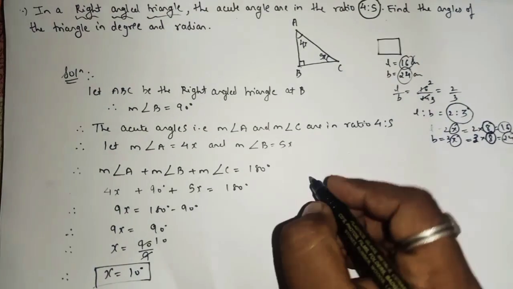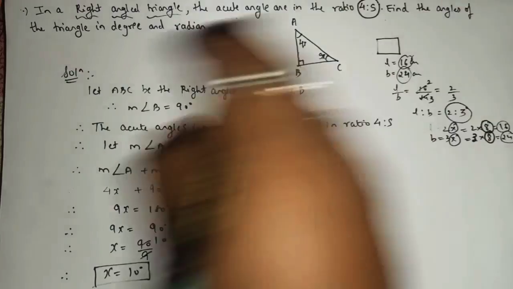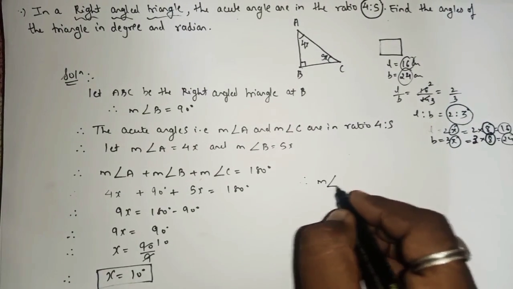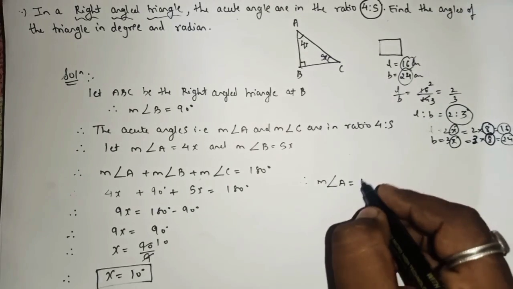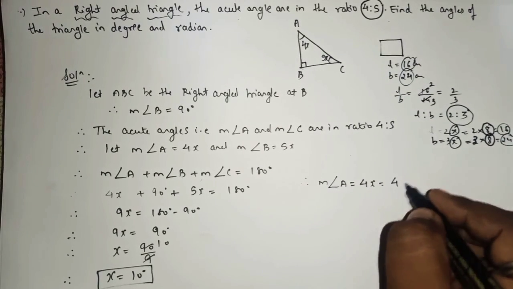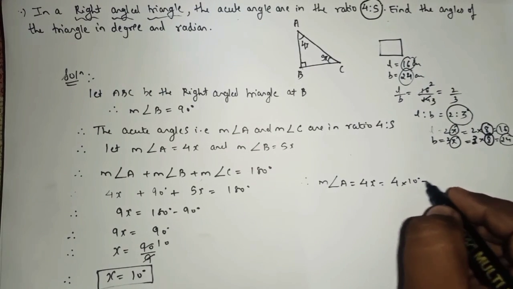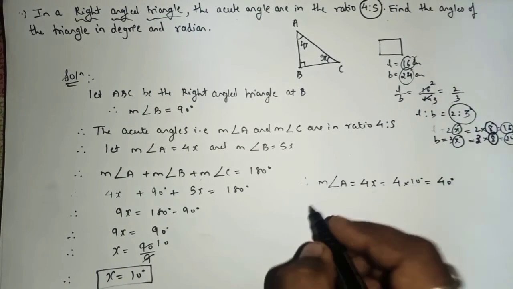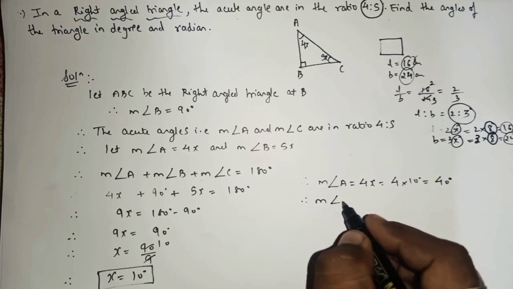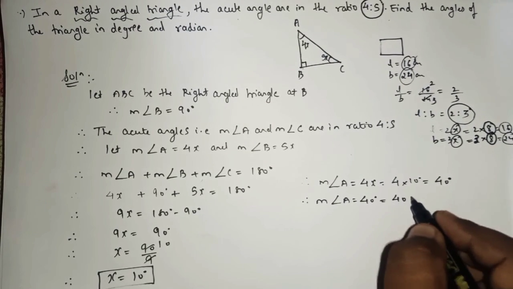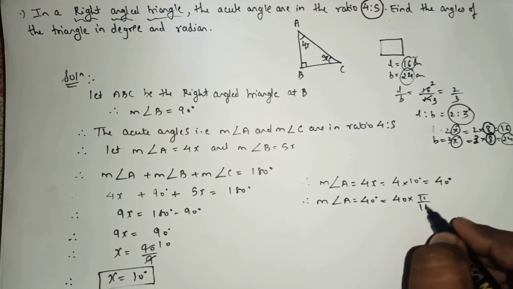Now find the angles of the triangle in degree as well as in radian. The measure of angle A was 4x, so this will be 4 into 10, which is 40 degree. Now we'll convert this degree into radian.